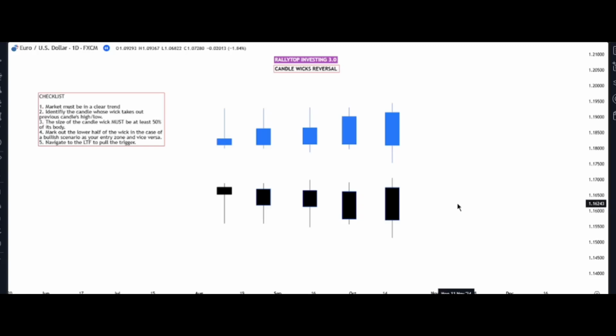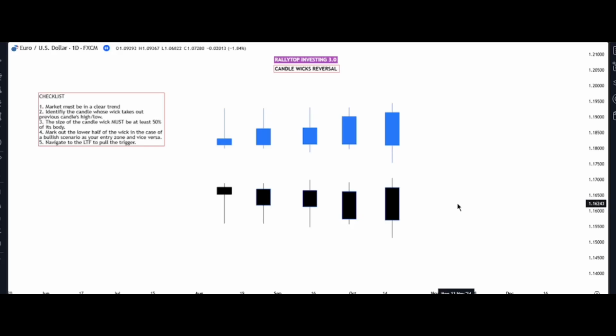Number two, identify the candle whose wick takes out the previous candle's high or low, depending on the direction of the market. I'm going to show you all of this on the live chart, but I just want you to have the idea first of all.